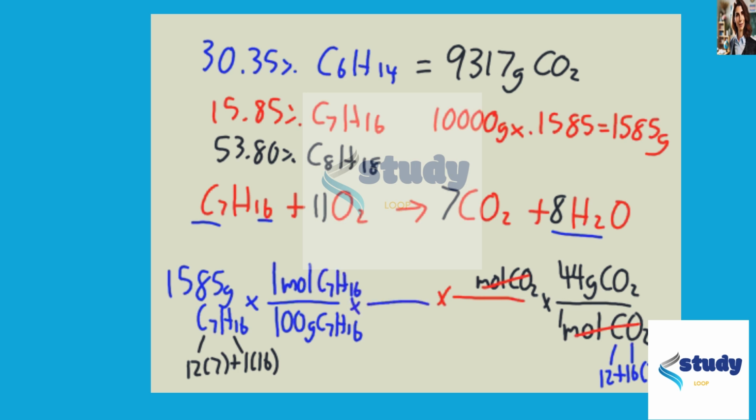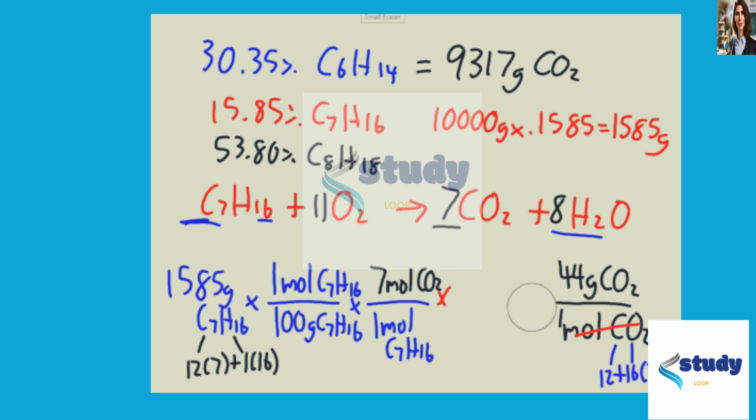Next up, we need a mole ratio. There's no coefficient, so 1 mole of C7H16 for every, what are we looking for? Again, carbon dioxide. For every 7 moles of CO2.